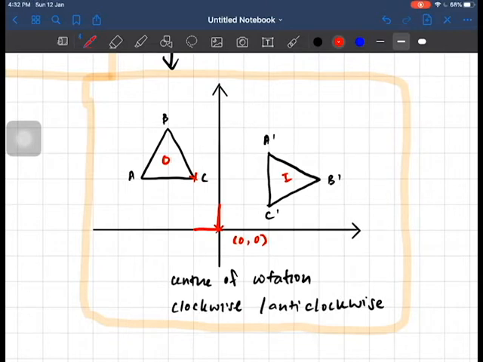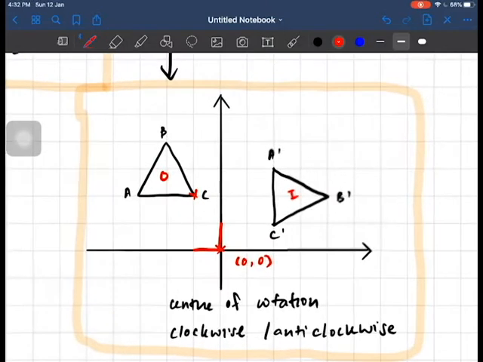So here's the object and here's the image. What happens here is it rotates 90 degrees from the origin clockwise, because object to image.